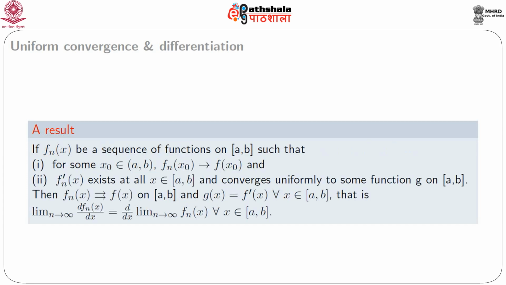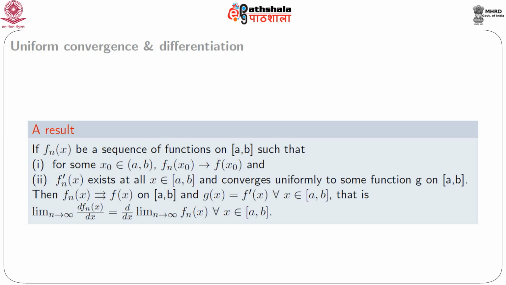So next, consider uniform convergence and differentiation. Suppose fn(x) is a sequence of functions on the closed interval [a, b] such that for some x naught belonging to the open interval (a, b), fn(x naught) tends to f(x naught), and fn dash x, that is the first derivative of fn(x) with respect to x, exists at all x belonging to the closed interval [a, b] and converges uniformly to some function g on the closed interval [a, b].